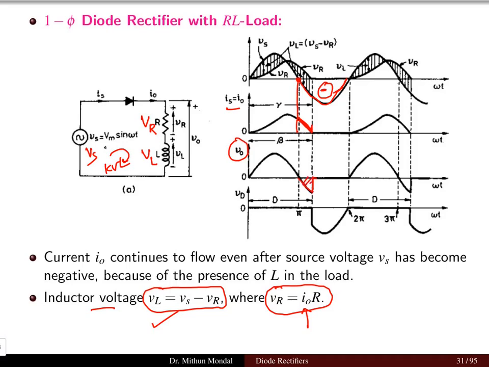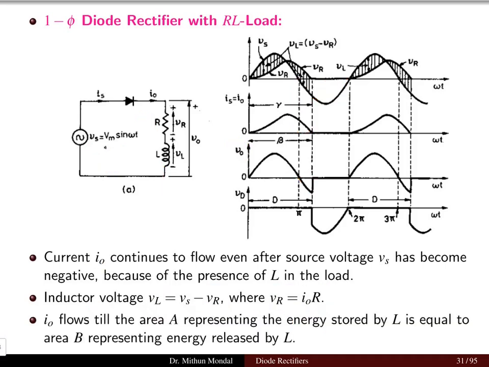This is the part where we have to concentrate when there is an inductor present in the network. The inductor present in the network does not make the current zero even when the source voltage is becoming negative. So I naught flows till the area A, representing the energy stored by the L, is equal to the area B, representing the energy released by the inductor.